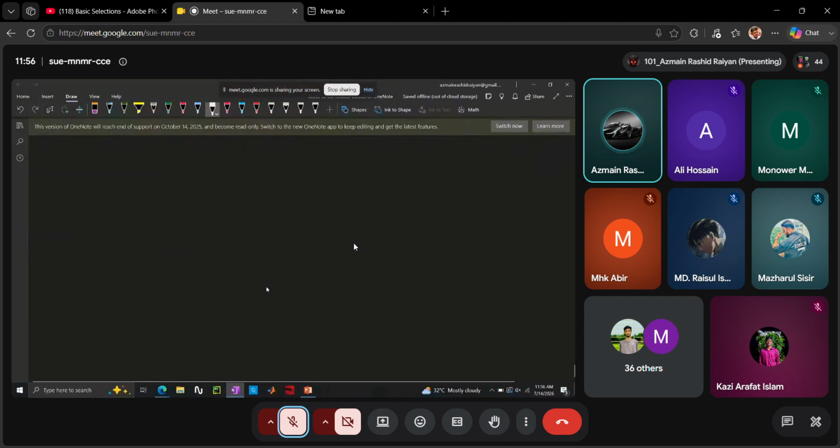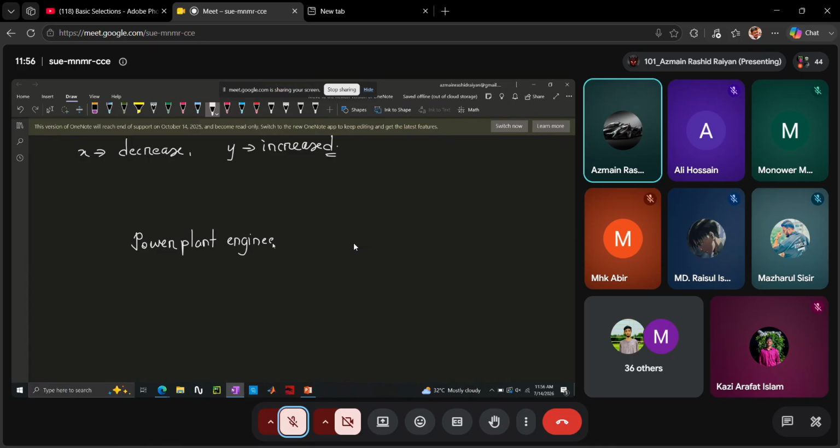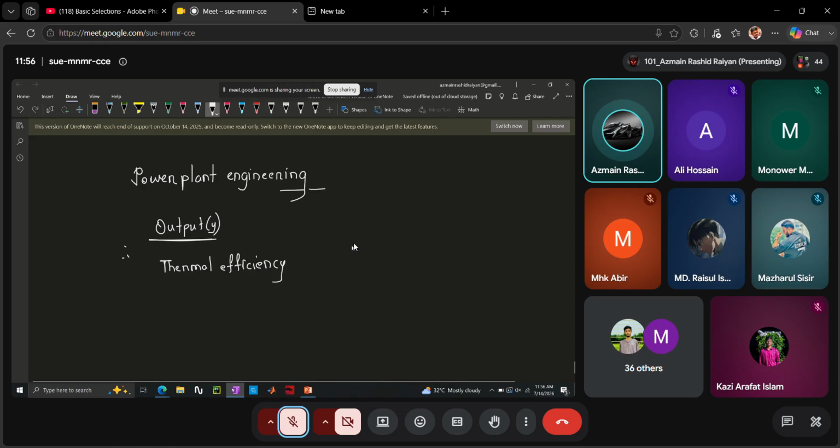Let's say I am designing, and as I am from a mechanical engineering background, my common research topic was, let's say, power plant engineering. In power plant engineering, my output parameters will always be Y. Common output parameters are, let's say, the thermal efficiency, or how efficiently my power plant can convert the biomass fuel into usable electricity or electric power.